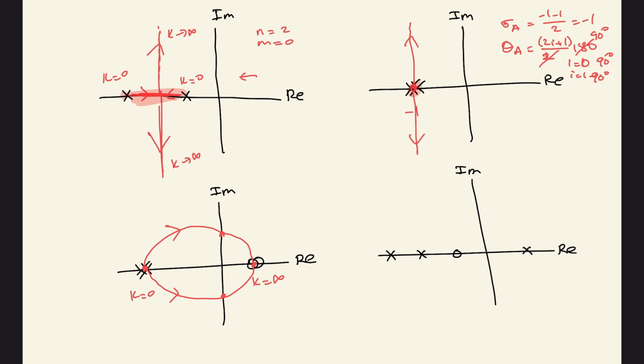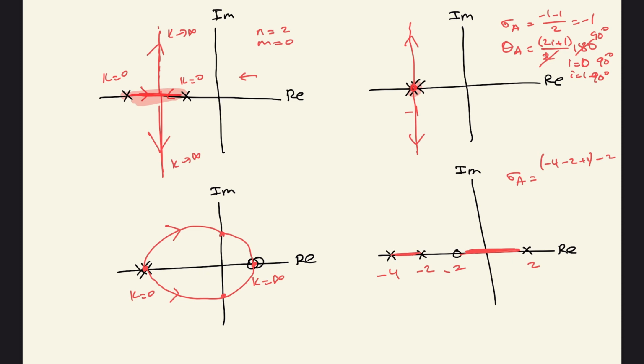And for this example, the last one, the root locus exists between here and there and here and there. You can give some numbers: minus 4, minus 2, 2, 2. Let's calculate sigma of A, which is minus 4, minus 2, plus 2, minus 2.